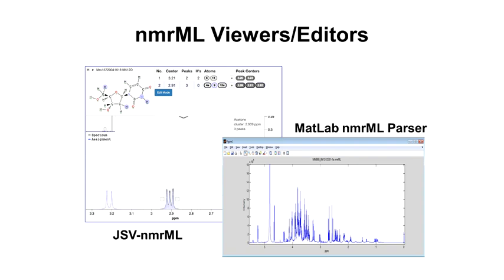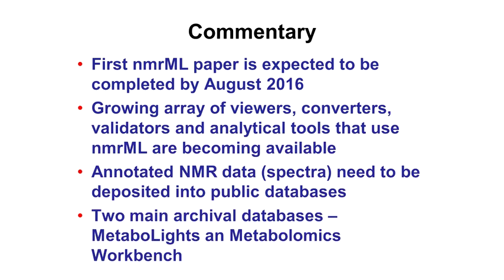So it's readable. And you can also annotate those NMR-ML formats and assign chemical shifts and coupling constants and associate structures with those. We're hoping to have the NMR-ML paper wrapped up in a couple weeks. As I say, there's a lot of effort now in the community to get the viewers, the converters, the validators, so that NMR-ML is easy to use and everyone can use it.